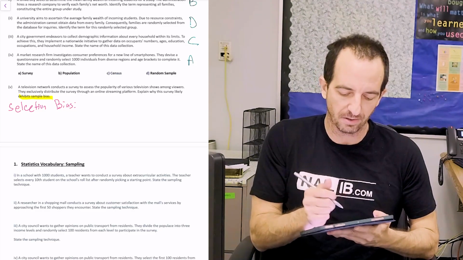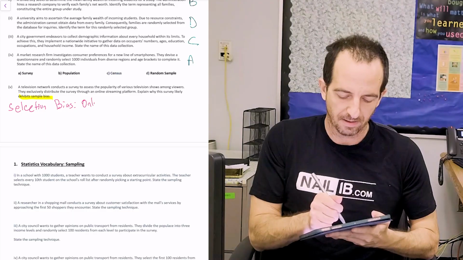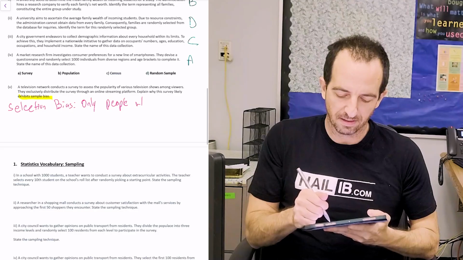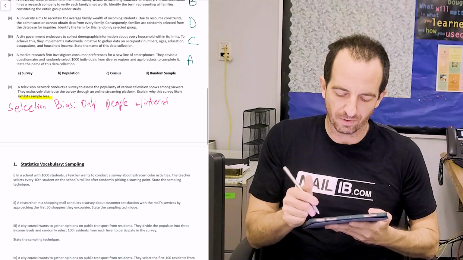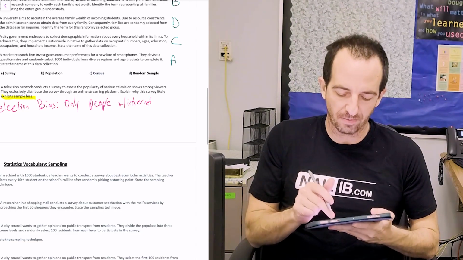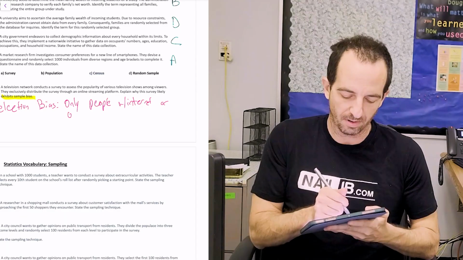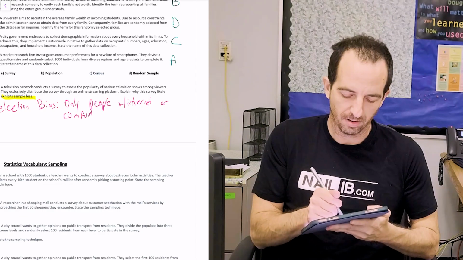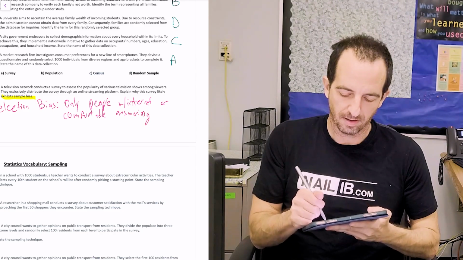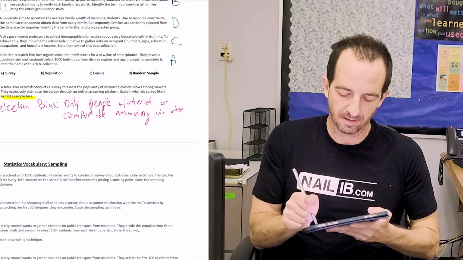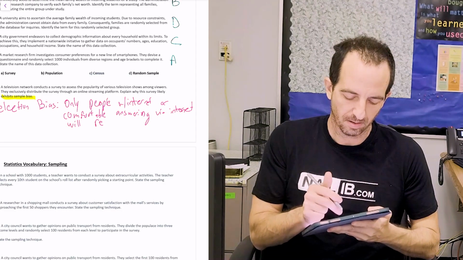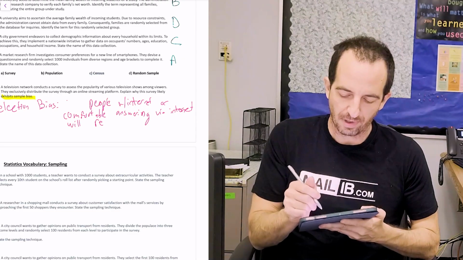Selection bias: primarily people with access to the internet, or who are comfortable answering via the internet, will respond.